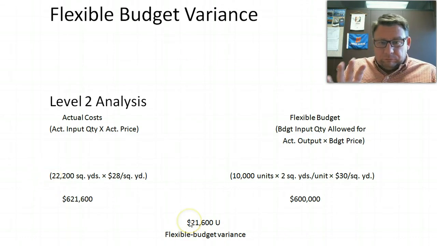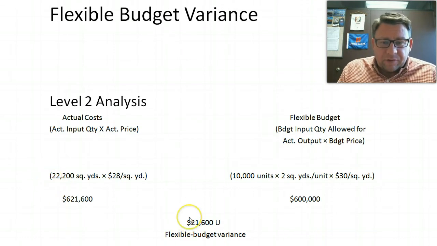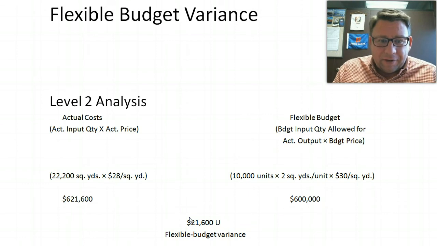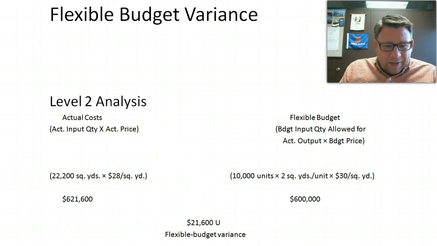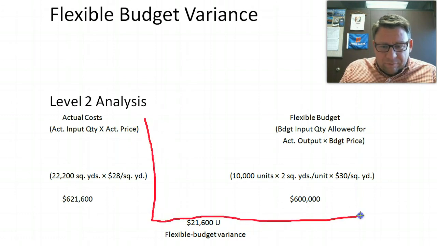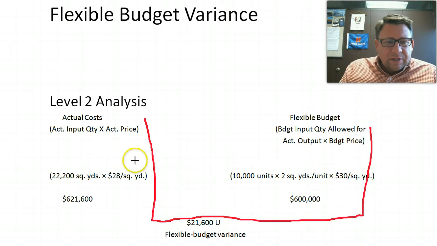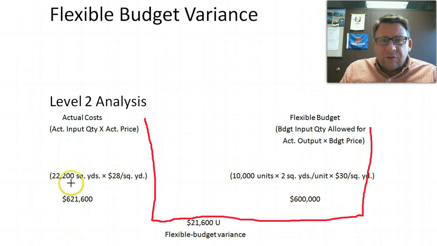Okay, so if this looks like I created it, I did. This is the same type of thing that we were doing on the previous one, right? We have this sort of variance. So we have our actual costs, and remember, we actually used 22,200 yards times $28 to give us that amount.